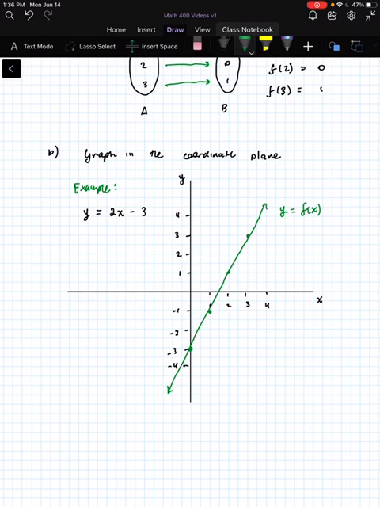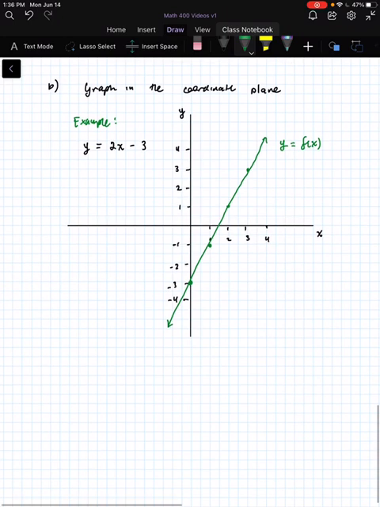So an infinitely fine string of points that satisfy this equation. The other ways that we represent these functions, so for instance, numerically, that typically means as a table of values.